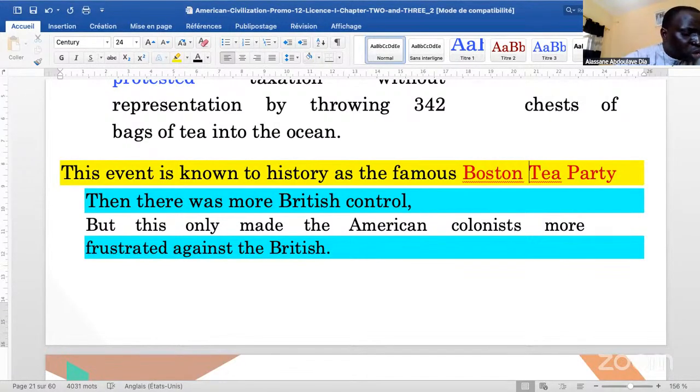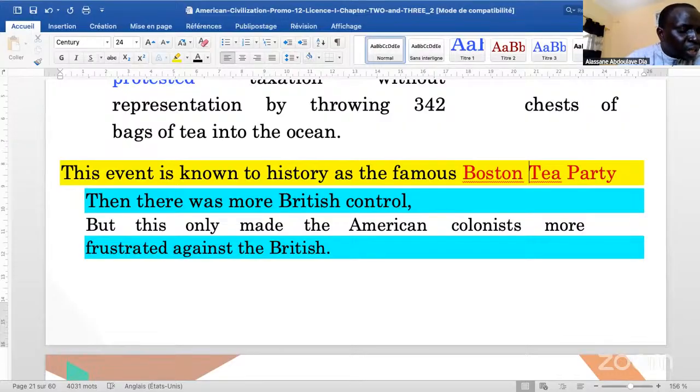So in response to the Boston Massacre, the colonies were frustrated. They organized other demonstrations. They went in 1773, 3 years later, to the harbor of Boston, and there were a lot of tea companies bringing tea. They picked all the bags of tea and threw them into the water to destroy the tea.